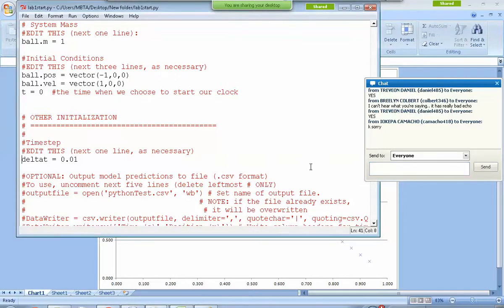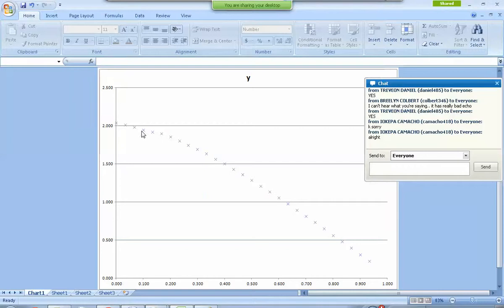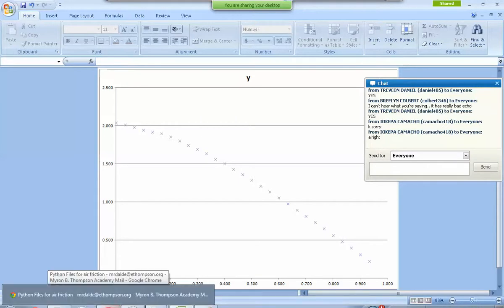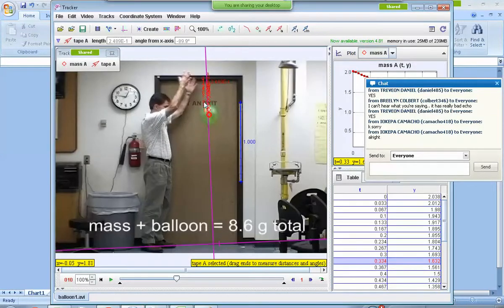Anyway, let me try to show you this. You guys pretty much know how to do all of this stuff. All I'm saying is that the linear motion we're talking about, this 1D motion, involves acceleration. But it's not just acceleration we're dealing with, because we're also dealing with air resistance in this particular video, because we're talking about a balloon.